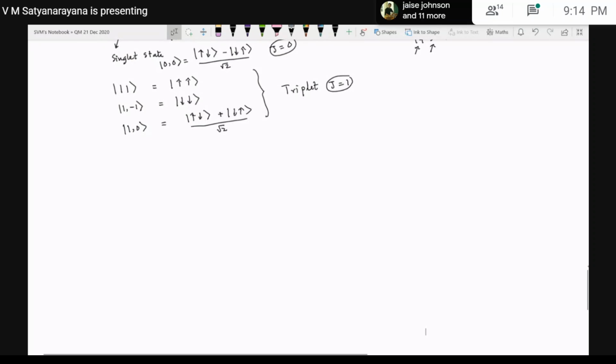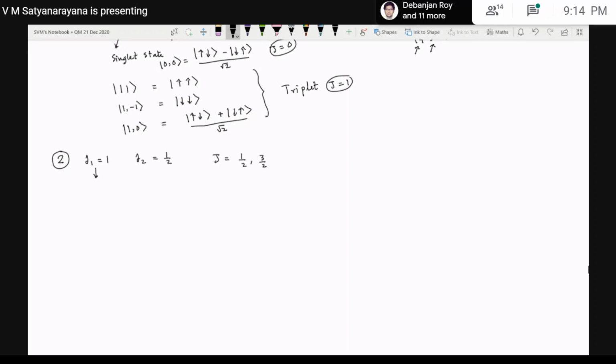Okay. So if you want to fix your ideas, maybe we can look at one more example. Suppose you want to find out J1 is equal to 1 and J2 is equal to half. In which case we have seen that J can take values half and 3 by 2.